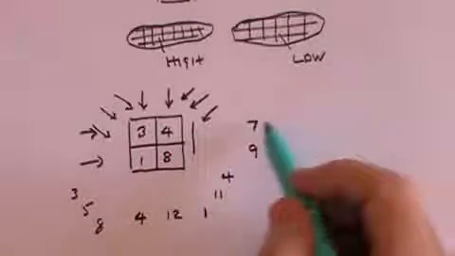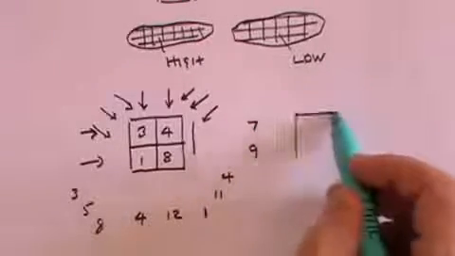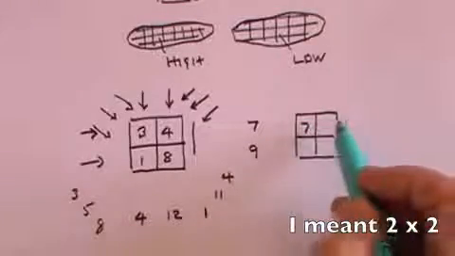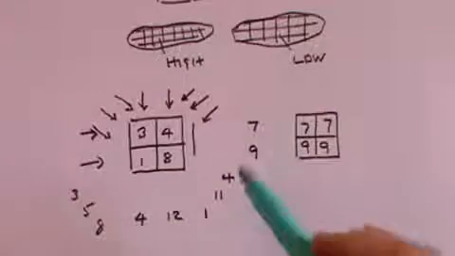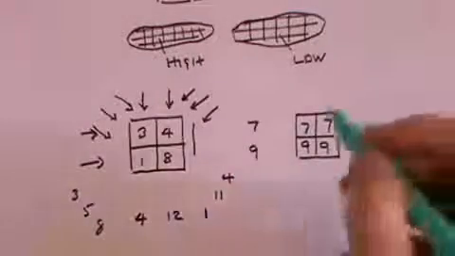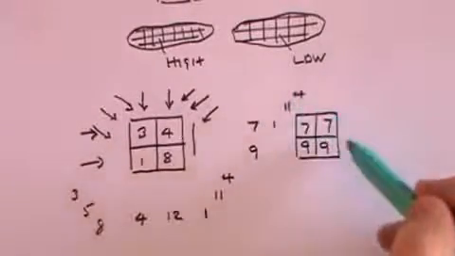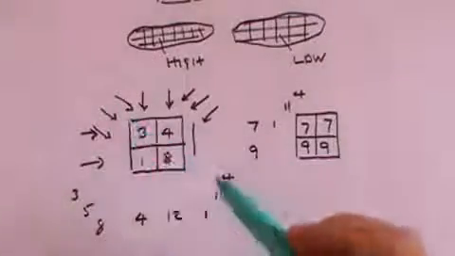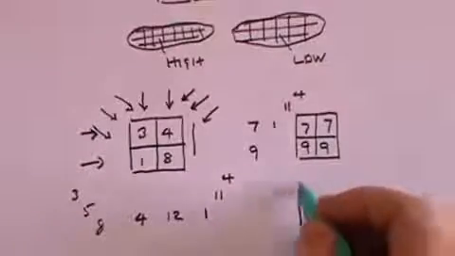The way you do it is you take firstly this result and you construct a 4x4 which has 7, 7, 9, 9. Then you take this result, the 4, 11, 1, and you feed that through in the direction that the X-ray has travelled. So you get a new grid.